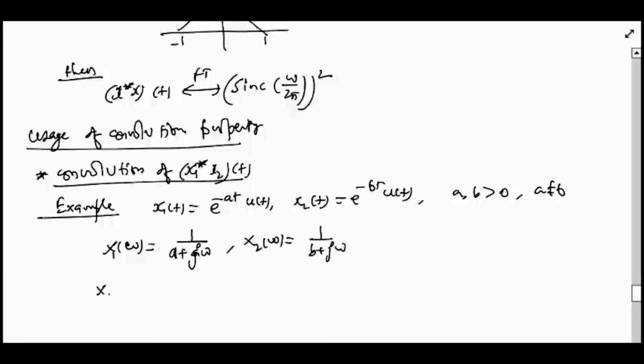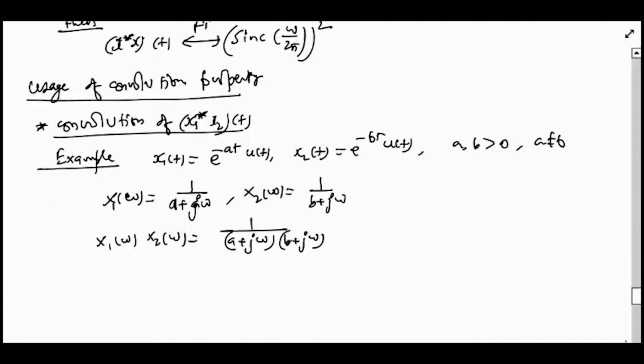In this case the product of the two Fourier transforms is 1 divided by (a plus j omega) times (b plus j omega). We know that the inverse of this product would give the convolution of x1(t) and x2(t). So let's try to find out the inverse of this.